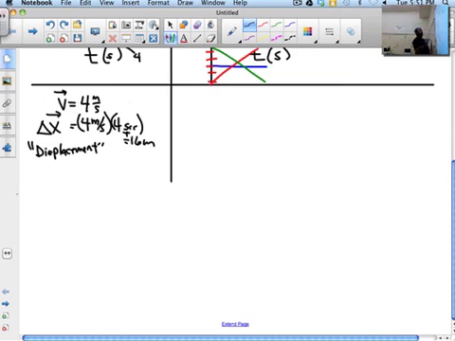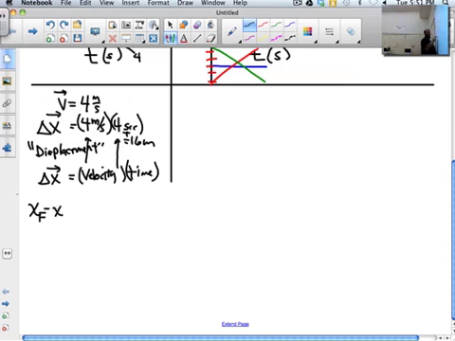And in general, then, this equation becomes delta x equals velocity times time. Change in position is my final position minus my initial position.